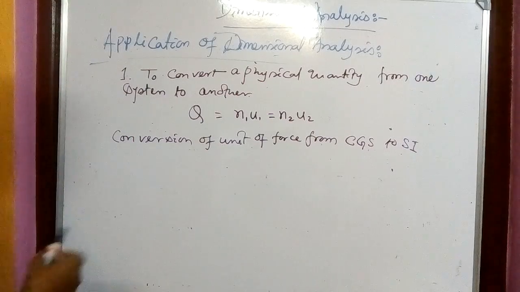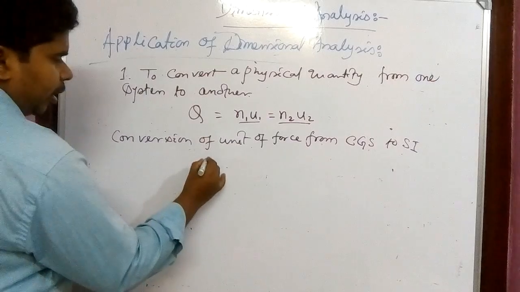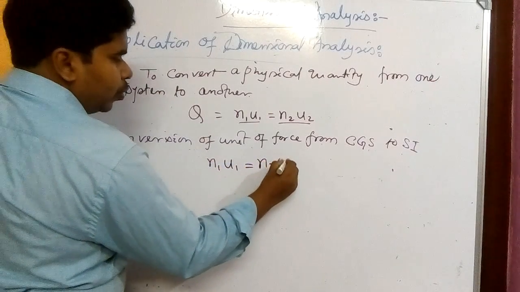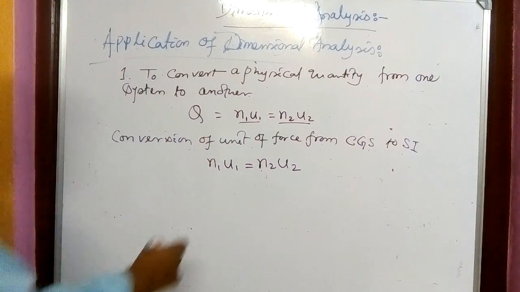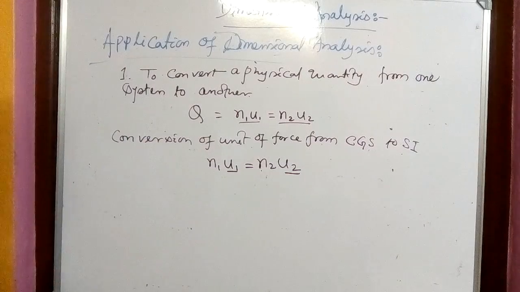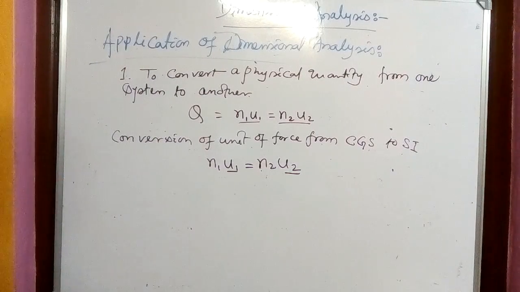So that conversion we have to make. Assume these two equations: N1 U1 equals N2 U2. The values of N1 and N2 we don't know. U1 is a unit and U2 is the unit of another unit system.